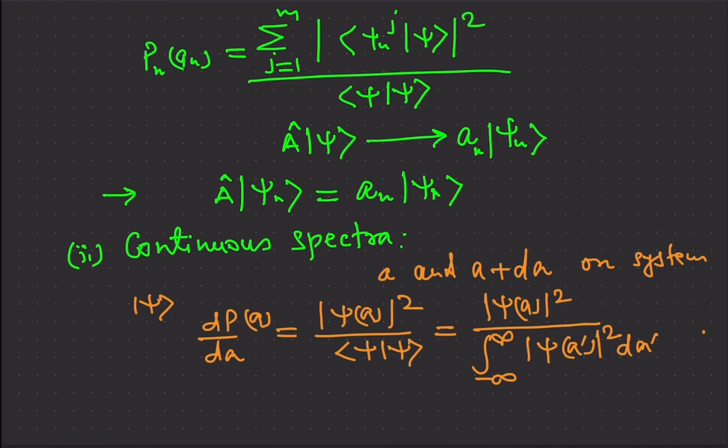For example, the probability density for finding a particle between x and x plus dx is given by dP/dx is equal to the norm squared of psi x divided by the integral.